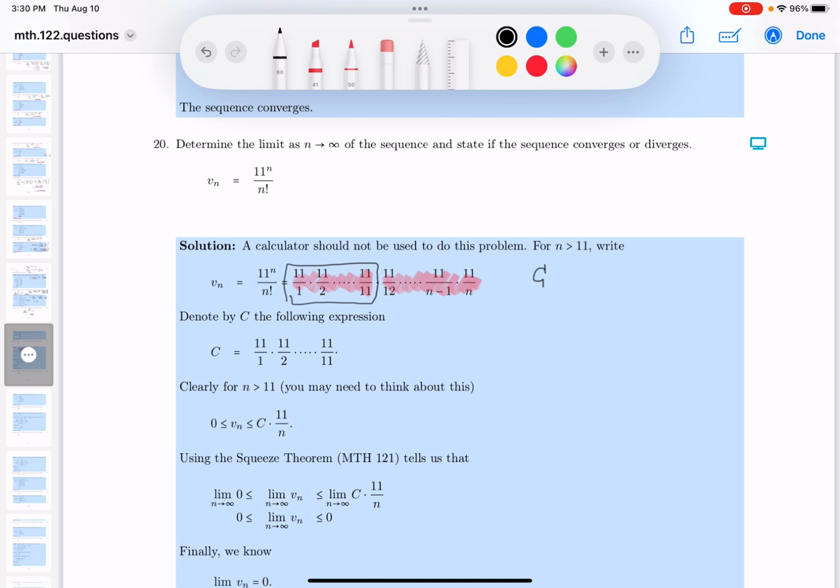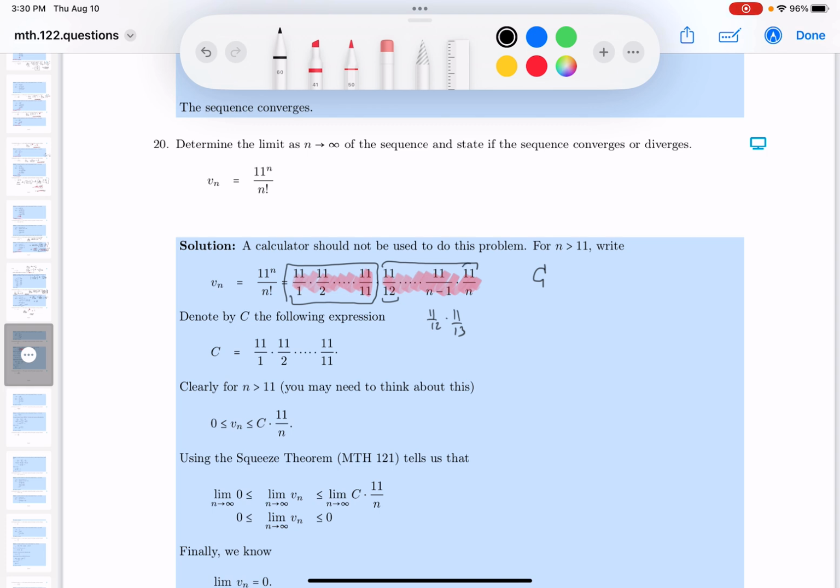It's going to be some number C. I'm not interested in the number, by the way, but it's definitely a number. And then when you look at this over here, every single factor in the beginning of it, like 11 twelfths, 11 thirteenths, they're all smaller than 1, right?